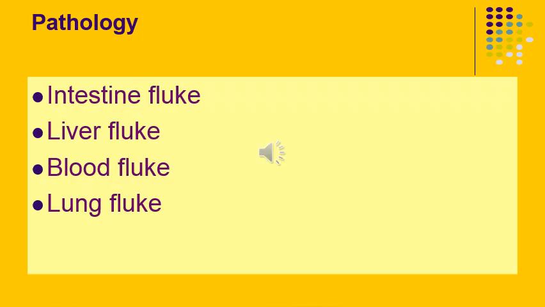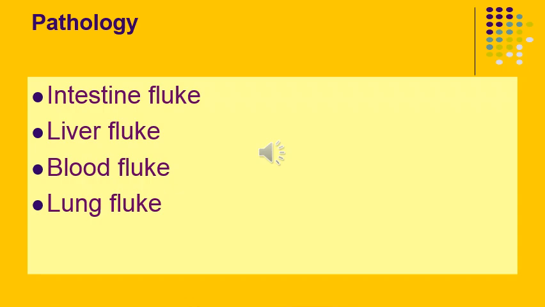At the place where the worm attaches to the intestine, there would be some lesion and perhaps some bleeding. The next trematodes, which live in the liver, cause problems like obstruction of the bile duct and perhaps carcinoma of the liver or cirrhosis of the liver.